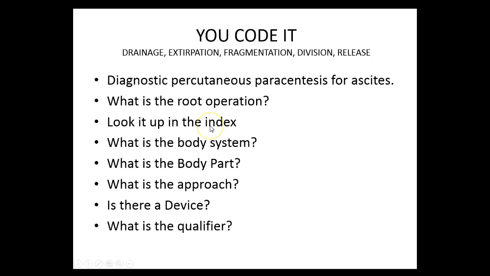In the index, we're going to look up drainage. Our approach is percutaneous. It is diagnostic. This is going to code to an anatomic site. Our body part's going to be anatomic site.